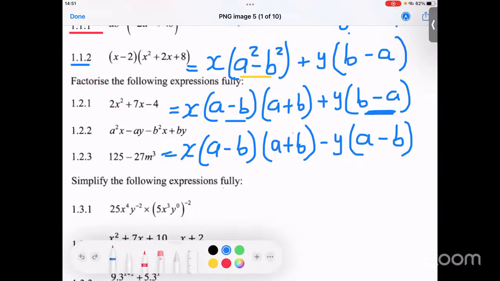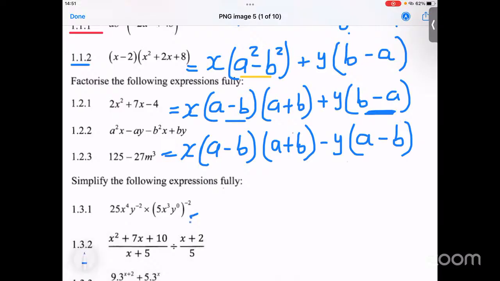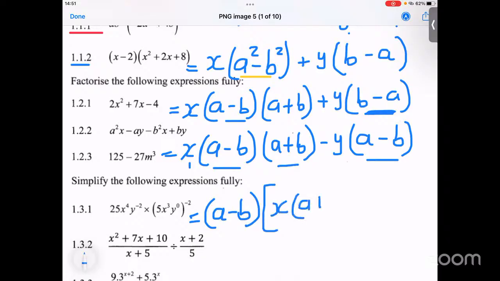And so what you can now do is take these out as a common factor. So as a common factor, you'll be having your a minus b there. What is therefore remaining is this x and the whole of that. So that is why you are now having that and minus y.